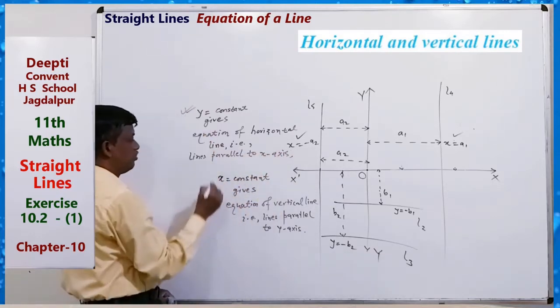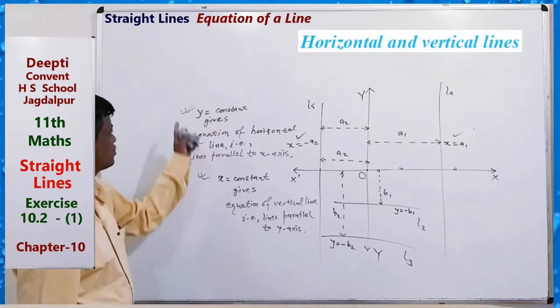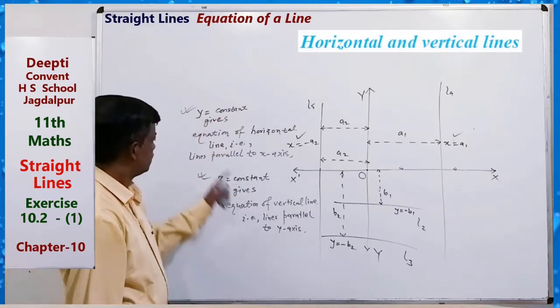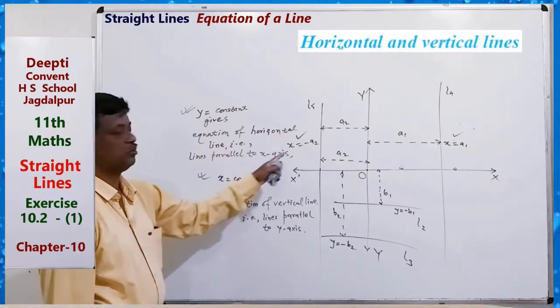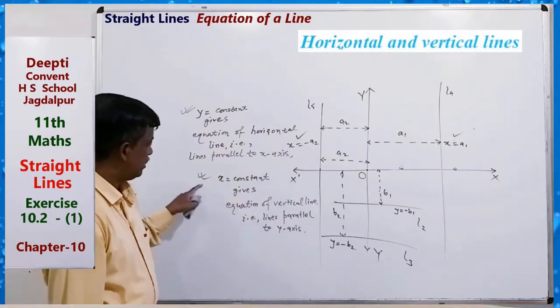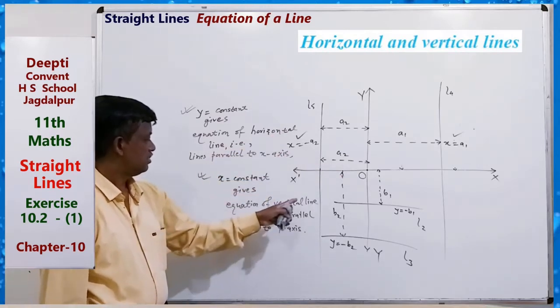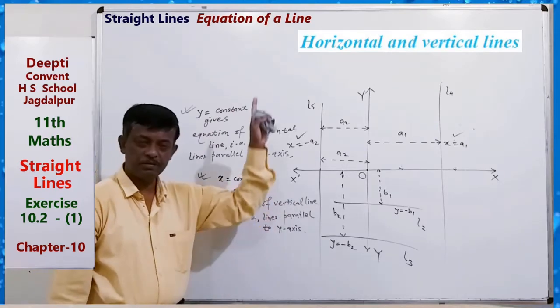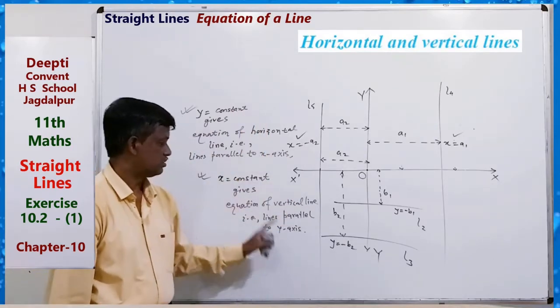So this is our formula. Y equals constant means a horizontal line parallel to the x-axis, and x equals constant means a vertical line, a line parallel to the y-axis.